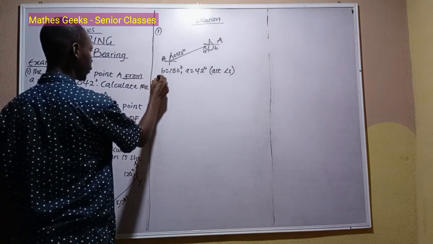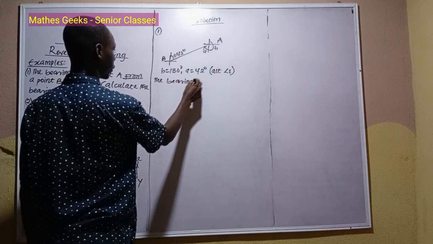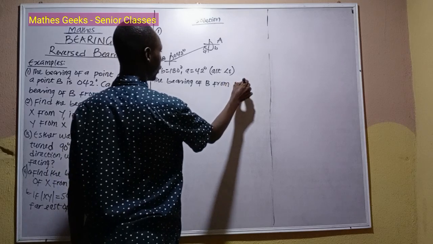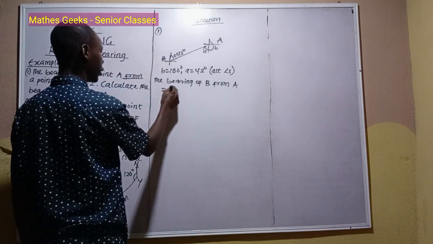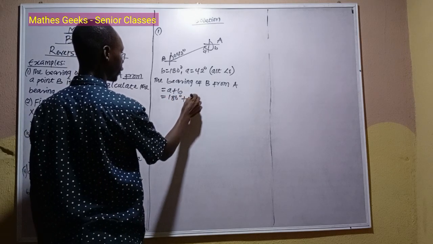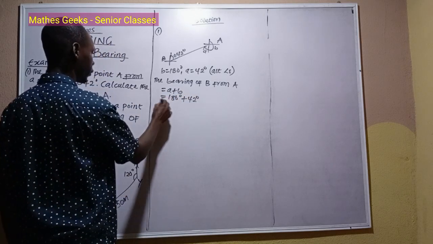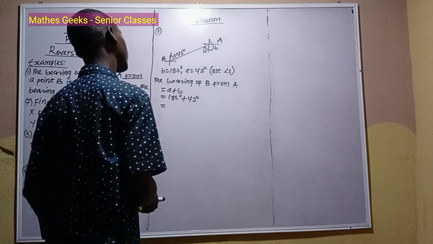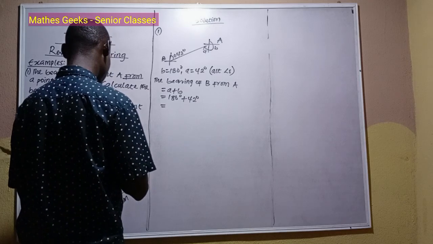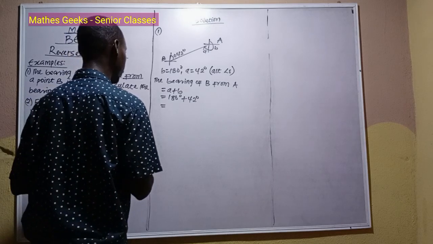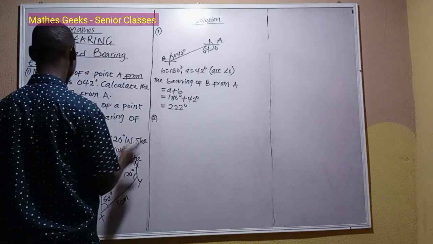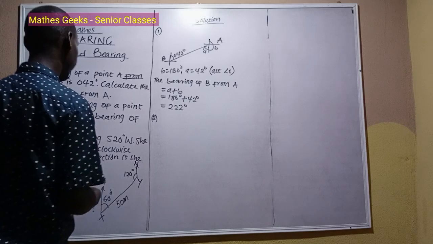So the bearing of B from A is equal to A plus B. That will give us 180 degrees plus 42 degrees, which is 222 degrees.